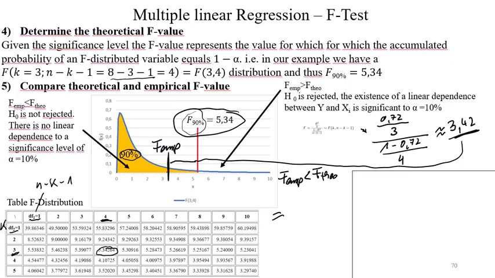So this means R squared equals 0 cannot be rejected for alpha equals 10%.